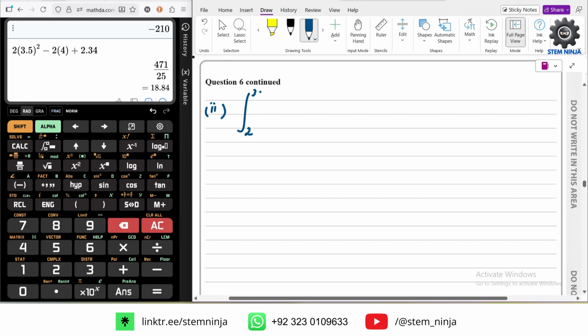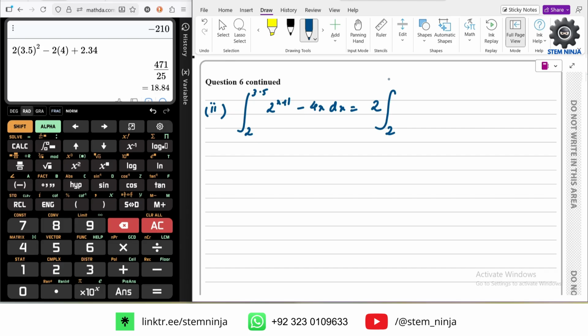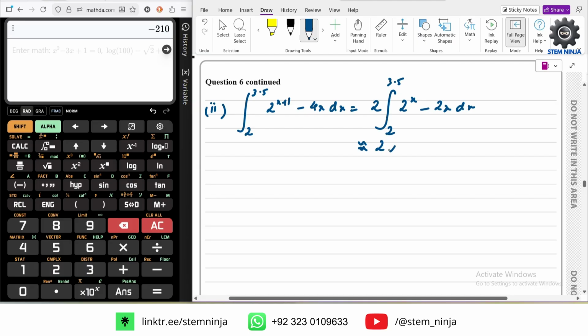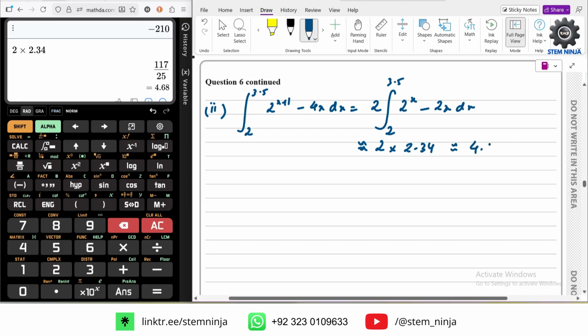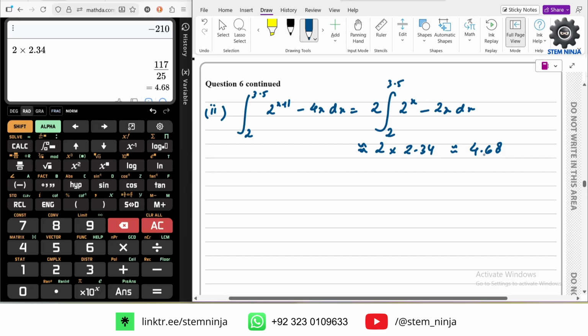So from 3.5 to x plus 1 minus 4x dx is just simply multiplied by 2. So this is just 2 times 2.34, 4.68. That's it.